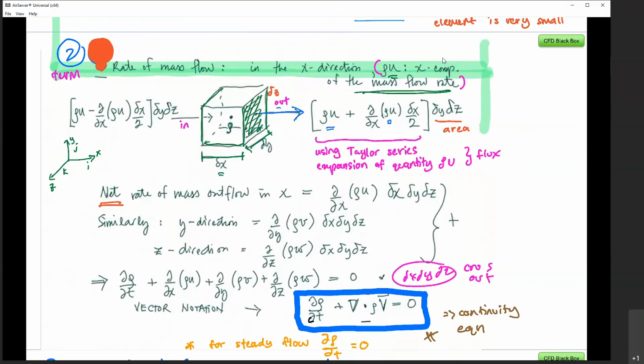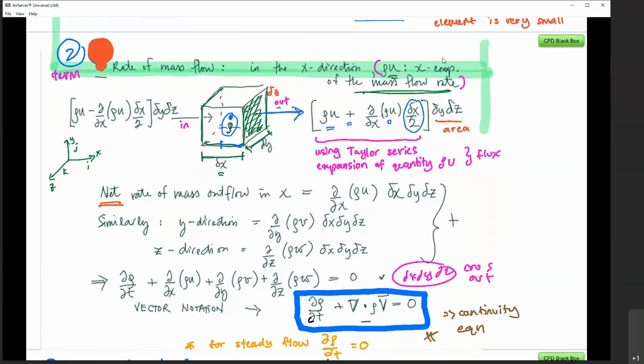The dx over 2 here refers to the distance from the center of the element. At the center of the element, we have the density, that dot over here. So if we want the component of the velocity towards the right surface, which is going out of the element, we add dx over 2.